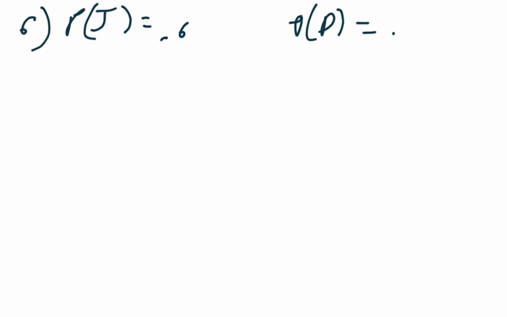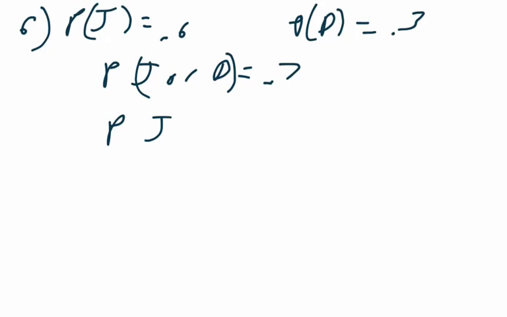For problem number 6, probability that June gets hired is 0.6. Probability that Duran gets hired is 0.3, and probability of J or D equals 0.7. What's the probability J and D both get hired?